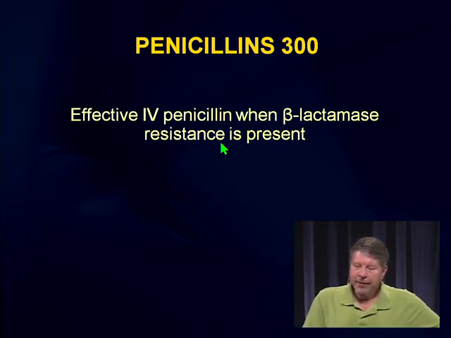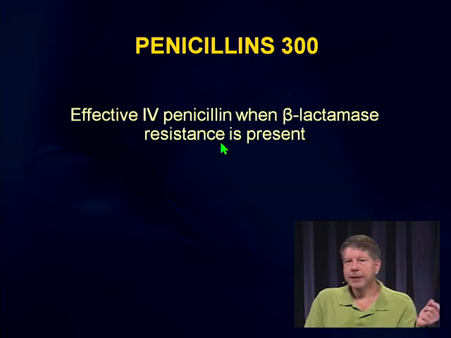Okay, and then the gram negatives came on, and they said, well, we're tired of penicillin too. We'll fix it. So they made a beta-lactamase. And so there are 3 different drugs that are available. There's Zosyn, there's Timentin, and then there's Unasyn.